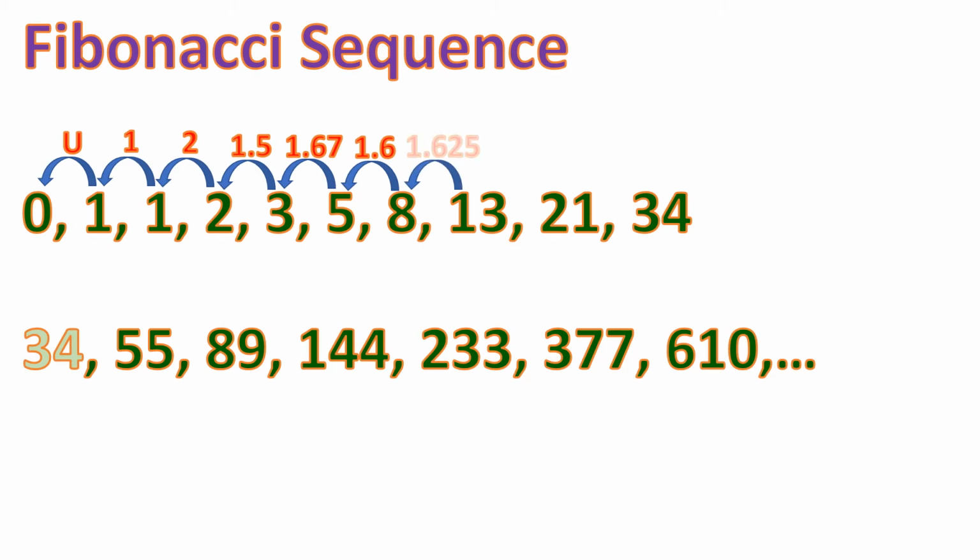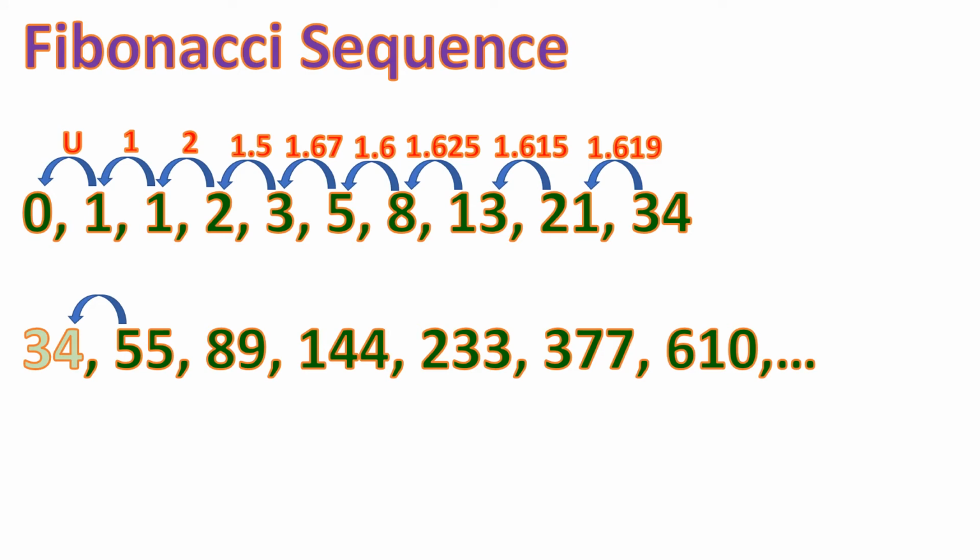13 divided by 8 is 1.625. 21 divided by 13 is 1.615. 34 divided by 21 is 1.619. Of course, we are just rounding up to 3 decimal places because it's going to be very long. And then we'll divide 55 by 34.